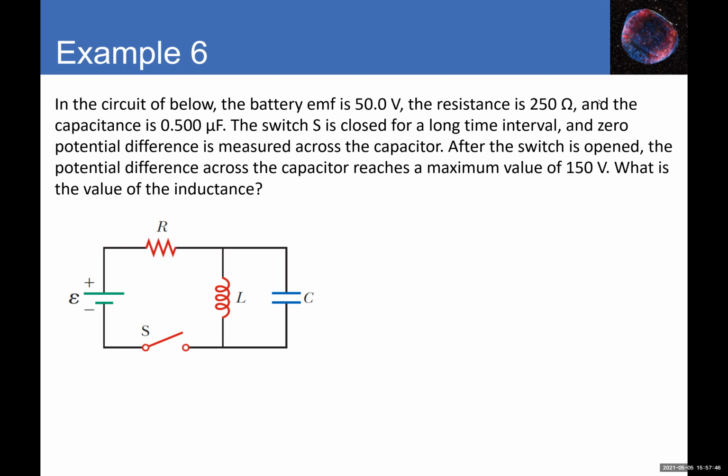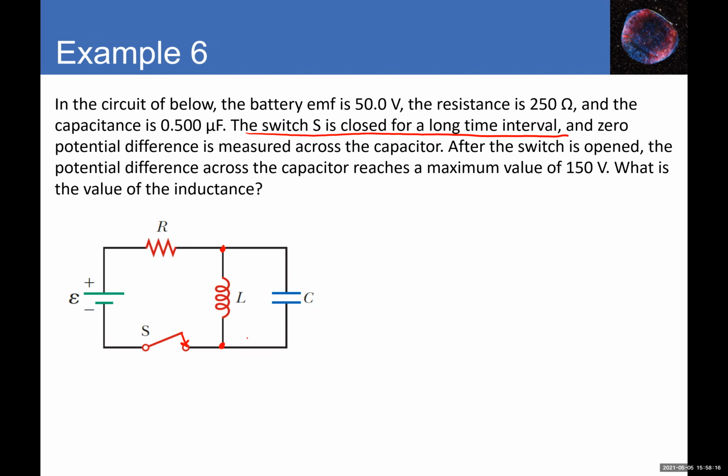Now let's start by trying to understand what's going on before we open the switch, because we are told that the switch S has been closed for a very long time interval, and then zero potential difference is measured across the capacitor. Well, think like this: if you close the switch, then you have a resistor connected to the inductor and capacitor, where they're parallel to one another.